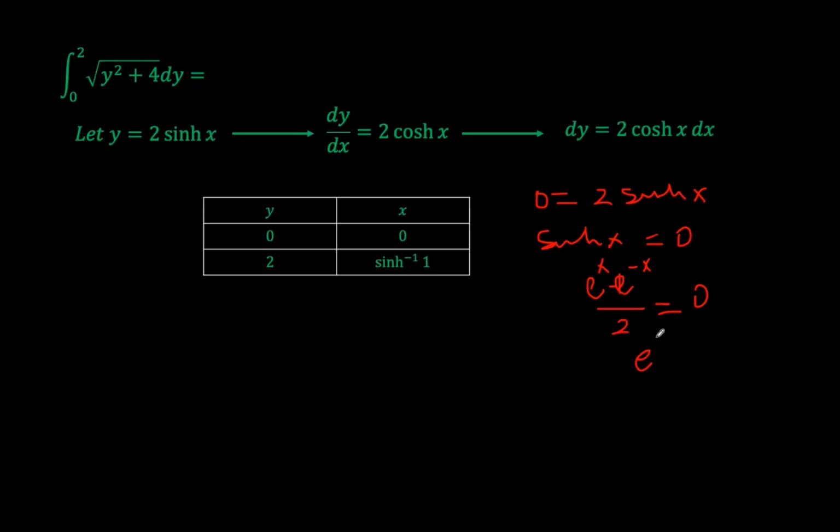That means e^x minus e^(-x) equals 0, which is e to the power 2x minus 1 equals 0. So e to the power 2x equals 1. Natural logarithm of e^(2x) is equal to natural logarithm of 1, which is 0, and so x is 0.